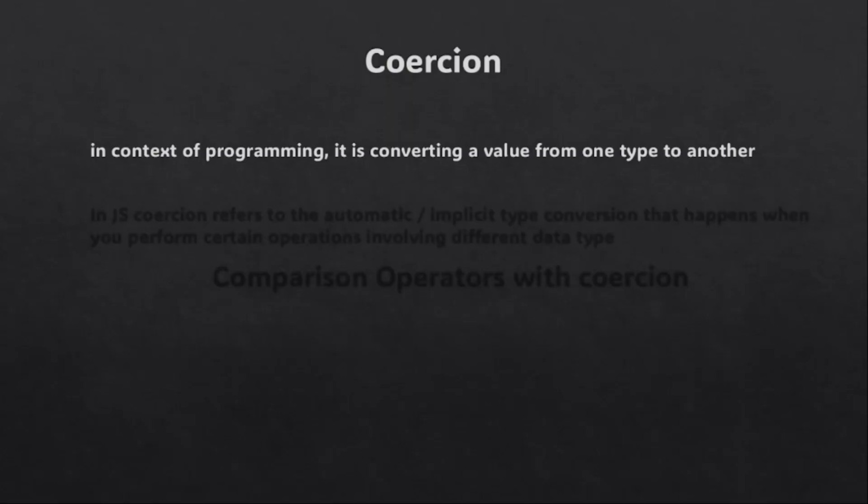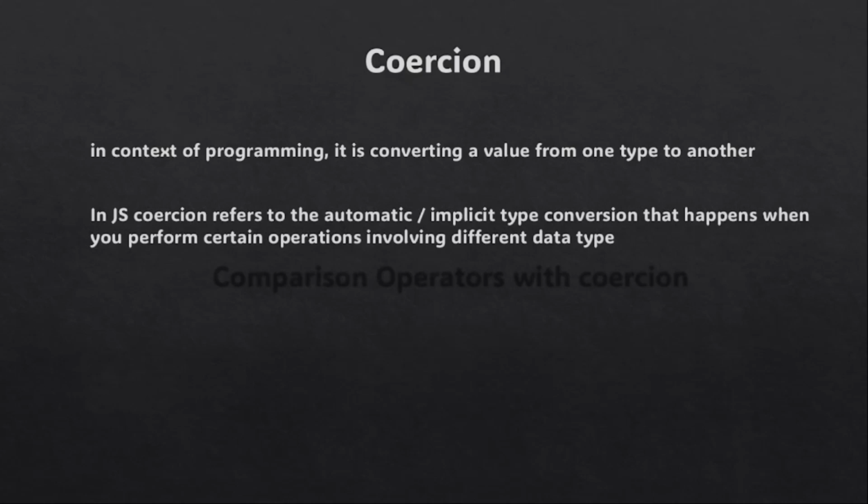Coercion, what is it? Now, in context of programming, this simply means converting a value of one data type to another. But in JavaScript, coercion refers to the automatic or implicit type conversion that happens when you perform certain operations involving different data types.